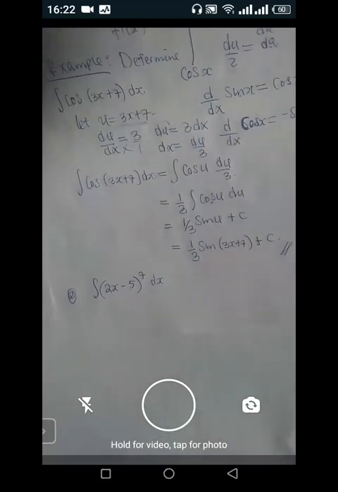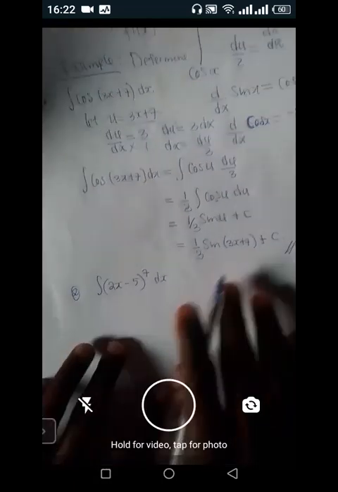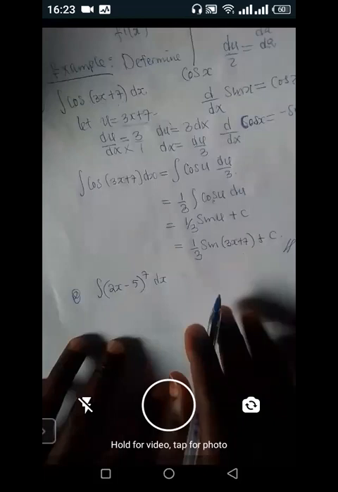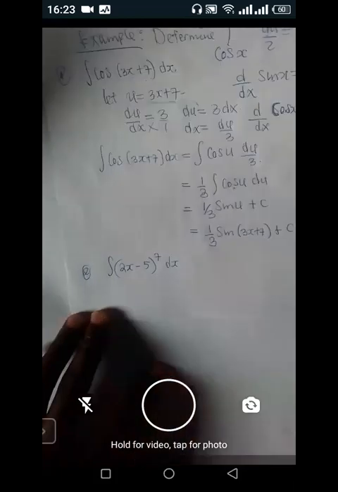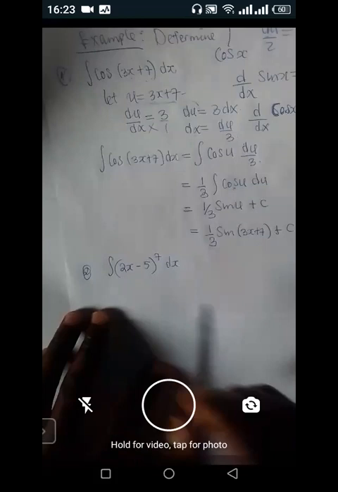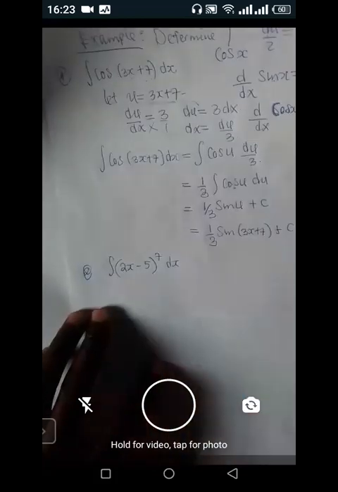Right. So let's look at this one. With this one, you can do what we were doing yesterday, which will require you to expand this. I know we are good at binomial theorems and the binomial expansion, so you can use the binomial expansion and expand this and then integrate, but that will consume some time.